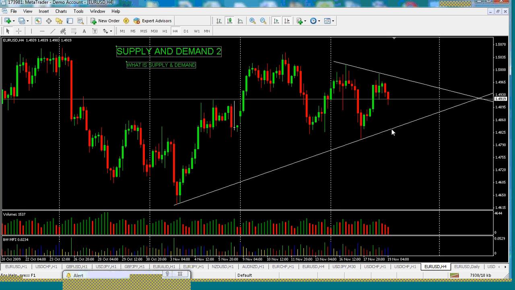If we should get a close below demand, that means supply has overwhelmed demand, and the balance of the supply-demand trend has been tipped. Once that's tipped, price must follow, because it's all based on volume, and therefore price must follow.